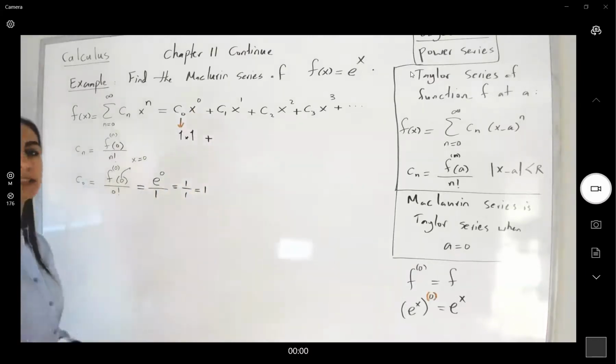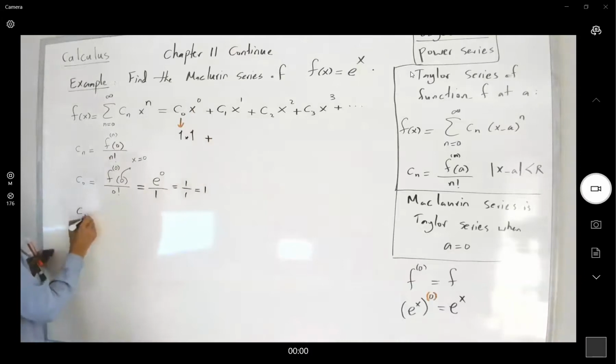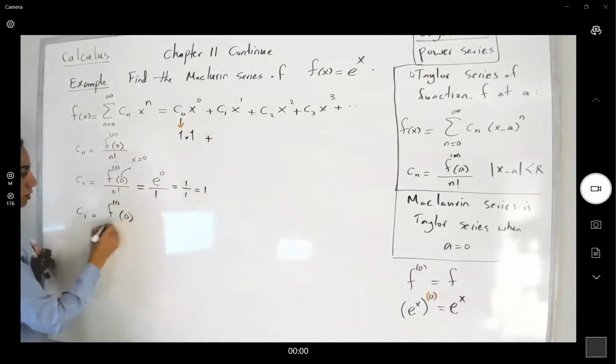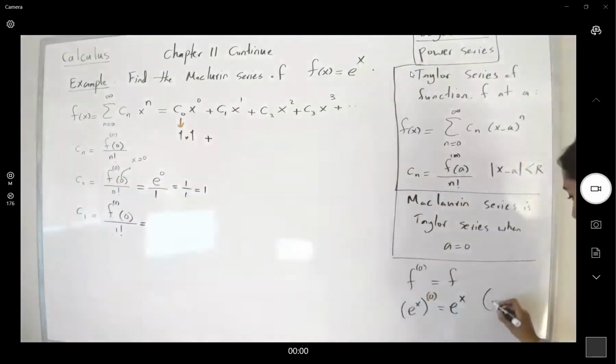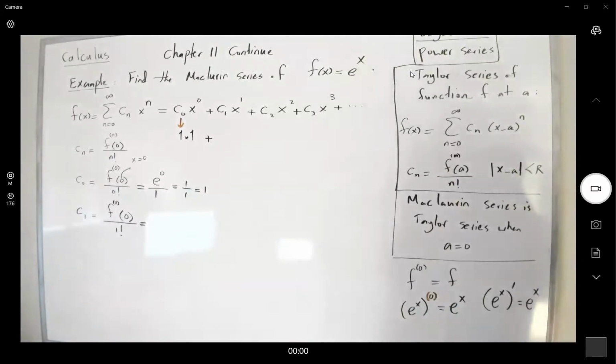Now let us calculate c sub 1. c sub 1 is the first derivative of f evaluated at 0 divided by 1 factorial. The first derivative of e to the x is e to the x.